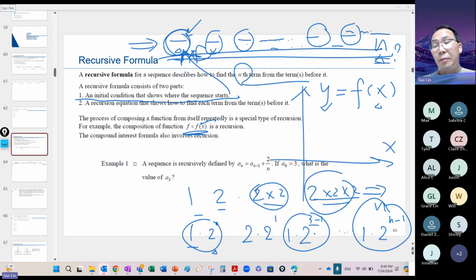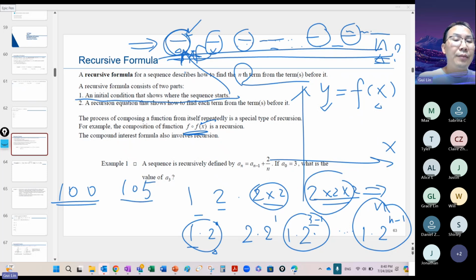This is also a duplicating kind of pattern. Just like when you put money in the bank and every year they give you 5% increase. Initially you put $100. After 1 year they give you 5%, so you get 105. The 105 comes from the initial 100 plus 5%.